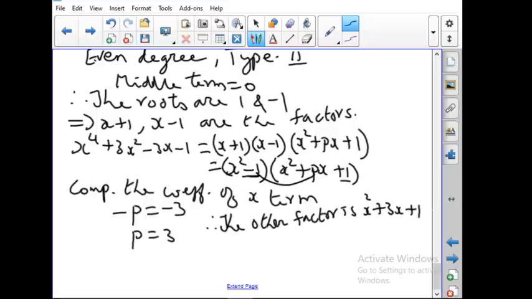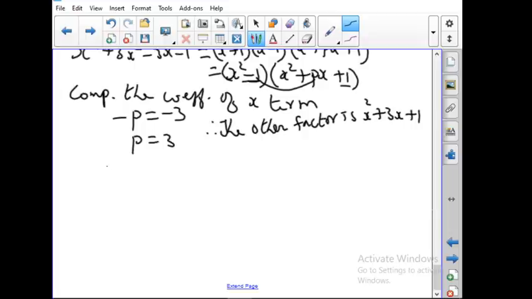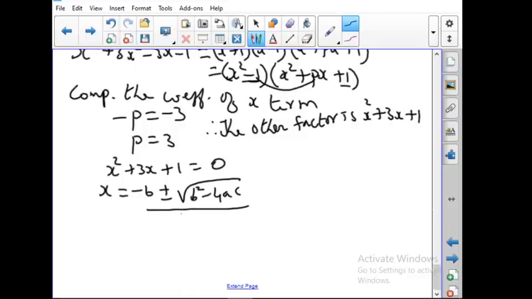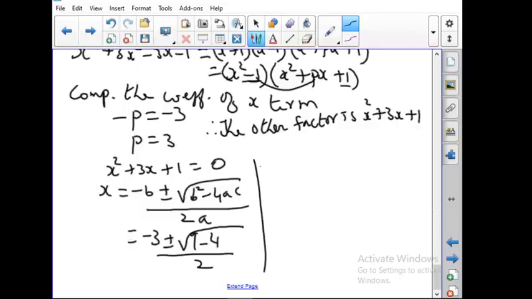Therefore, we factorize this. Consider the equation x square plus 3x plus 1 is equal to 0. We cannot factorize, so we use the formula. x is equal to minus b plus or minus root of b square minus 4ac by 2a, which is equal to minus 3 plus or minus root of 9 minus 4 into 1 into 1 by 2, which is equal to minus 3 plus or minus root 5 by 2.